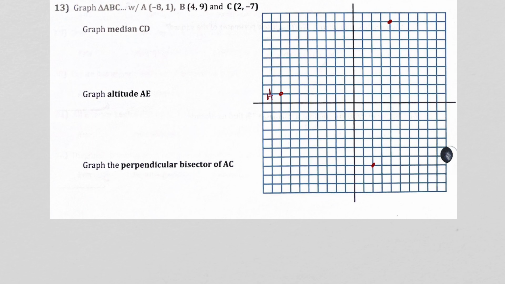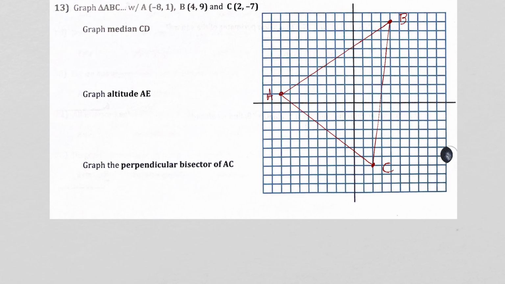And we'll call this A, B, C, and then we're going to connect those dots. Okay, and that's graphing that.